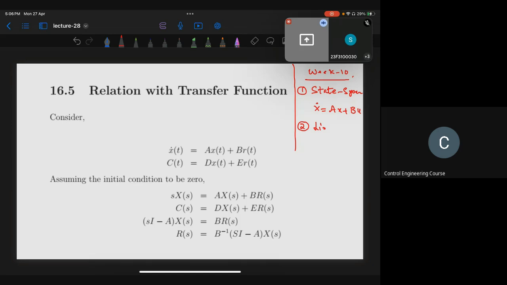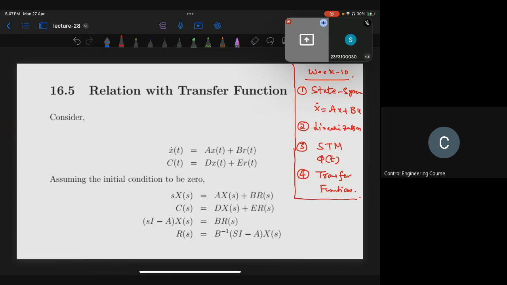We also saw the linearization concept, then the state transition matrix, the phi of t. Then we also saw finding the transfer function. These are the topics we saw in the previous week 10.